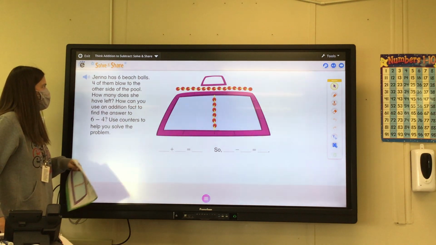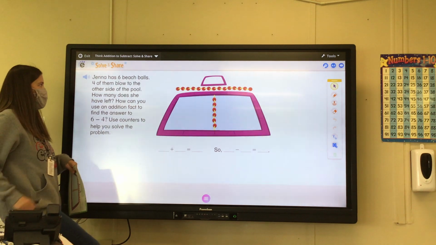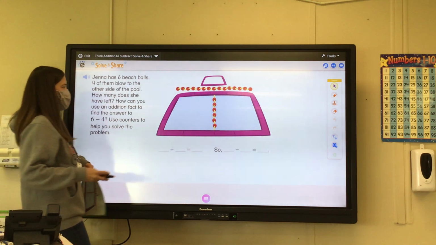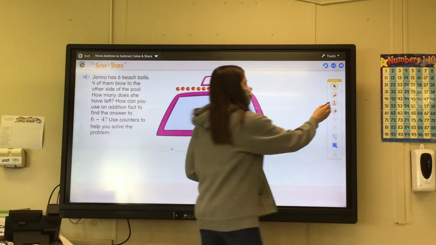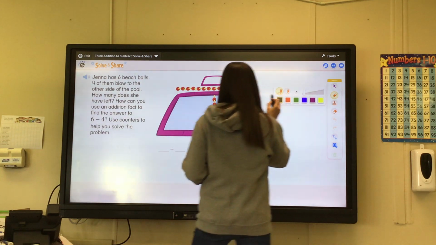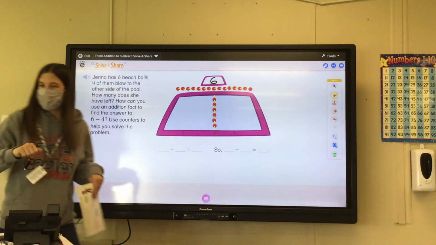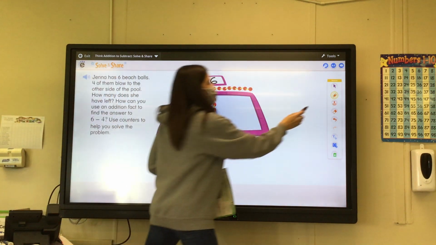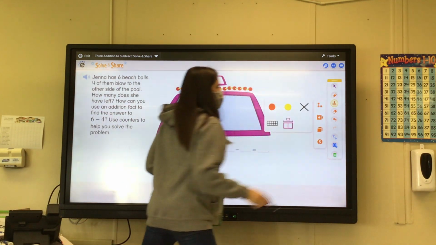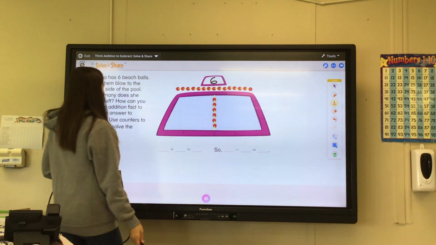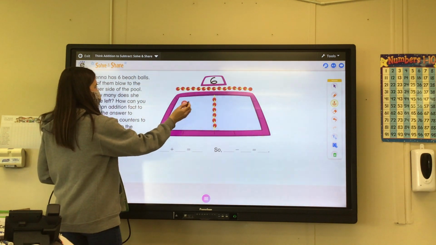Jenna has 6 beach balls and 4 of them blow to the other side of the pool. So here we have 6 beach balls, so that's our whole. Write your whole at the top. Then we're going to draw counters. How many blew to the other side of the pool? 4. So draw 4 counters here.